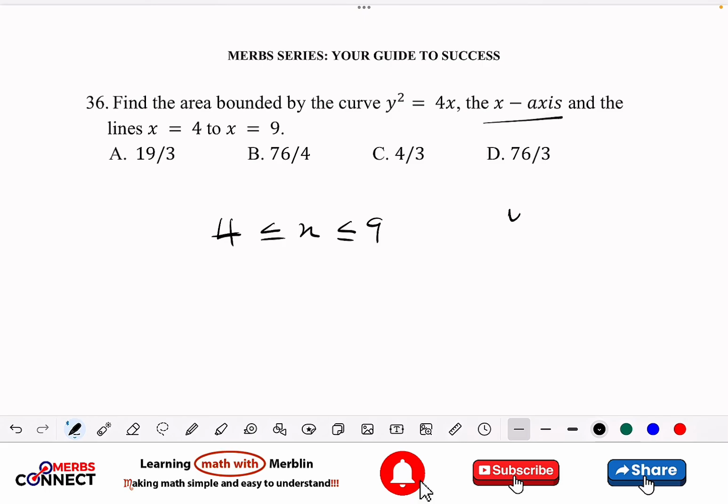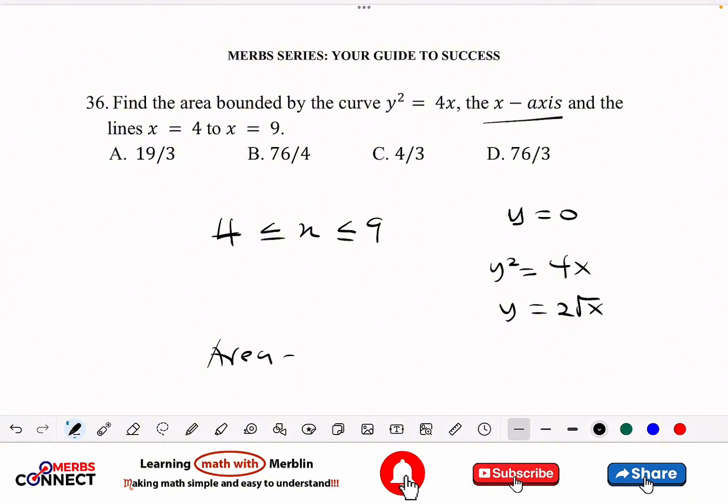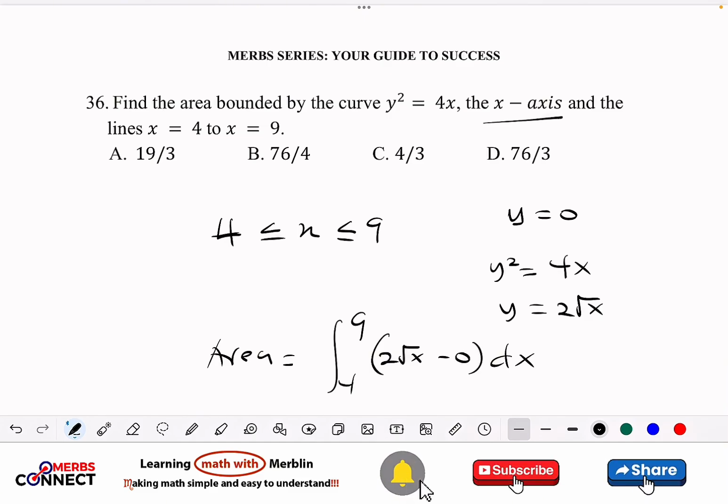So the x-axis is y equal to 0. And you have y squared equal to 4x. So make y the subject and have 2 square root of x. And find the area to be from 4 to 9, then 2 root of x minus 0. Solve this and leave your answer in the comment section.